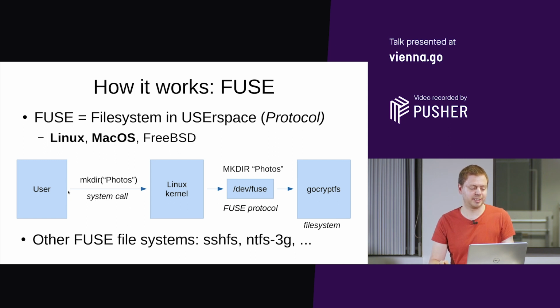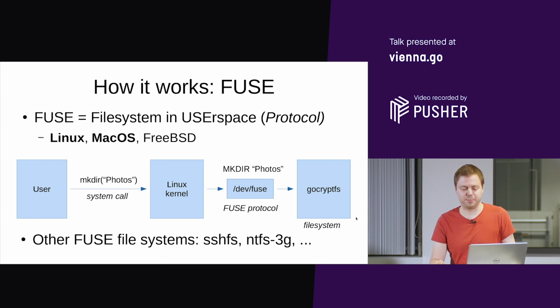What happens here is that a user application, for example, wants to create a directory. It asks the Linux kernel to create this directory with a system call, and then the Linux kernel forwards it to a special file, which is called /dev/fuse, and it sends the mkdir photos command through the Fuse protocol.